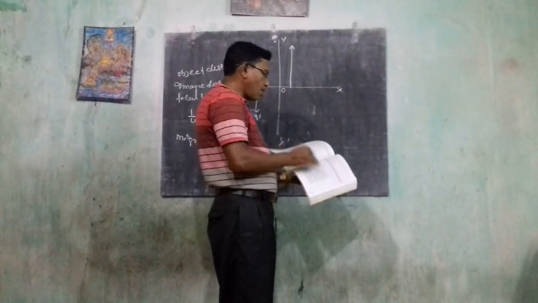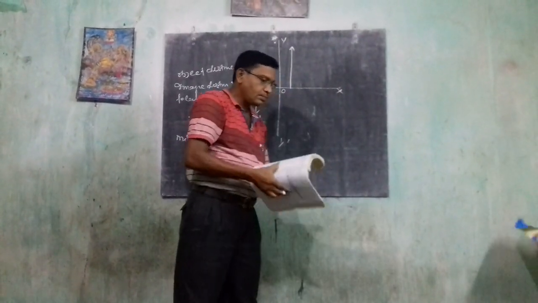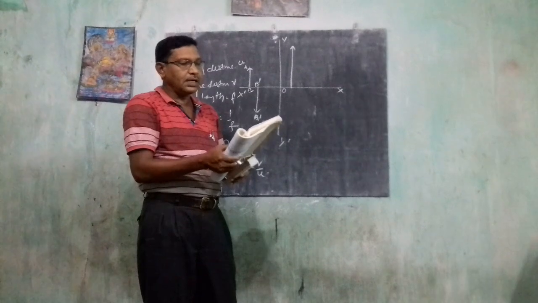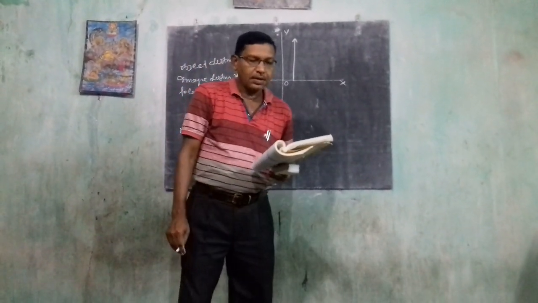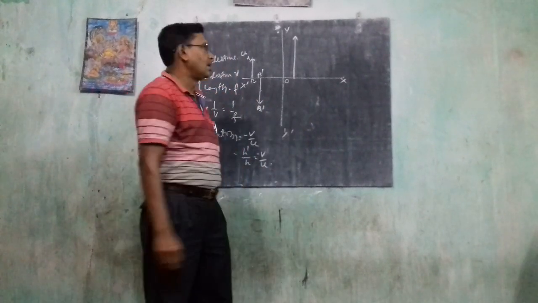The example given: a convex mirror used for the rear view in an automobile has a radius of curvature of 3 meter.